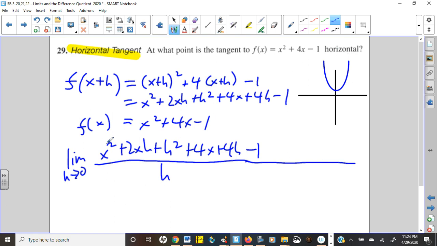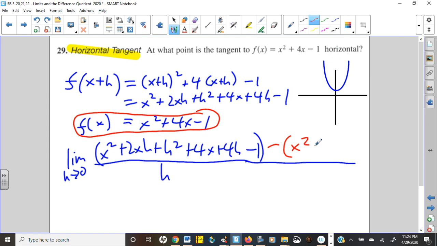That whole chunk of stuff right there was f of x plus h. Just to make it a little more organized, I'll do this guy in red instead, so minus. I'm going to use parentheses because if I don't, I'm going to forget to distribute that minus sign. I have to have those parentheses. Very, very important. Okay. So that's f of x. So f of x plus h minus f of x is, you ready?